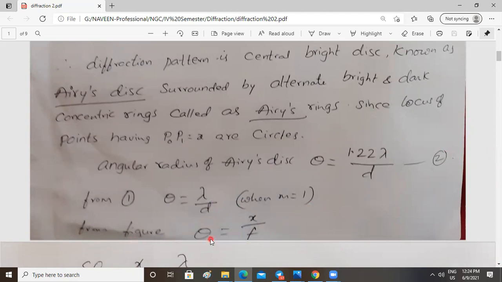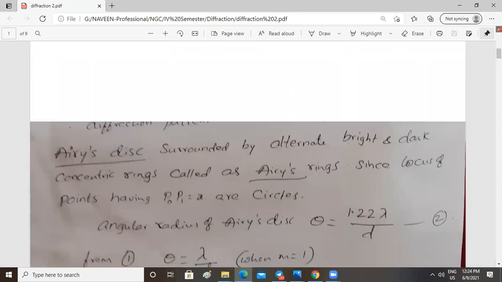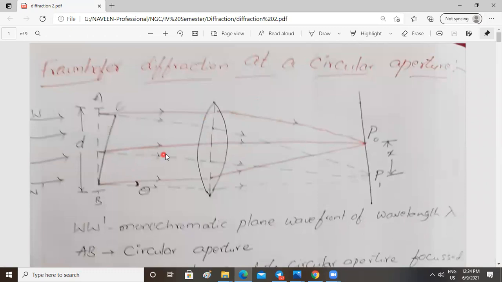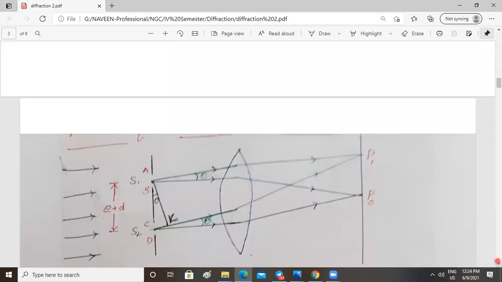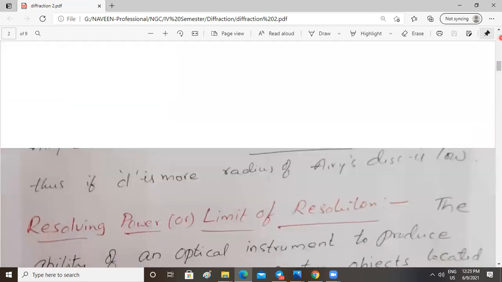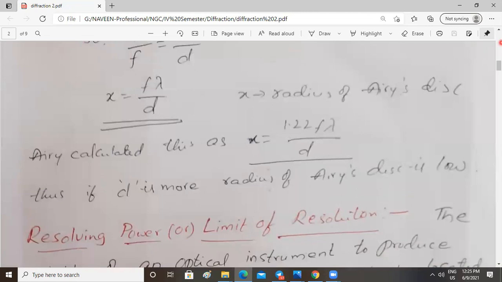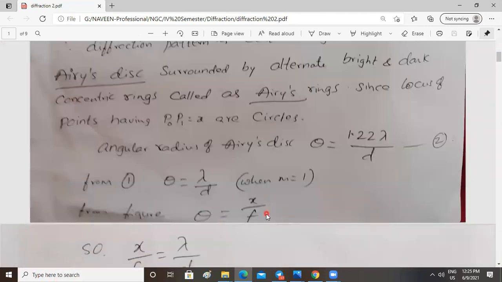But from the figure, again I am showing you, this is x from the center to this bright fringe, and this one is f, and this one is x. This angle is theta. So using that, sin theta is equal to x by f.